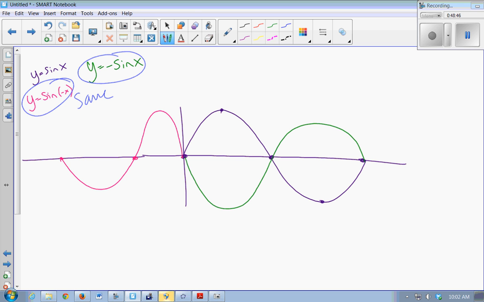So what does it mean when a function, if you plug in the negative x and you get the negative y? What is that called? Anybody remember? Starts with an O, 3 letters.